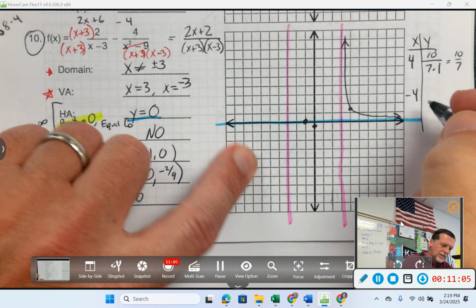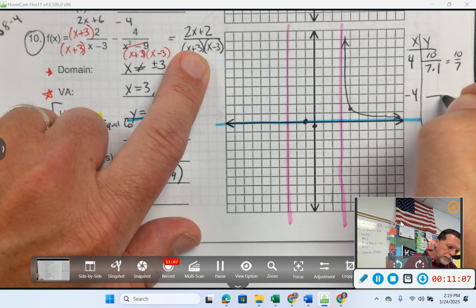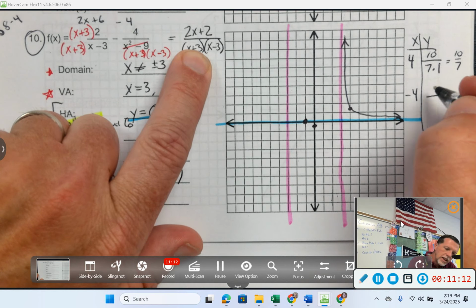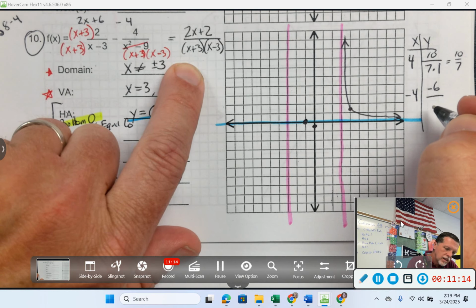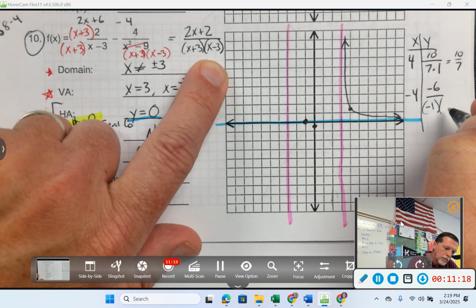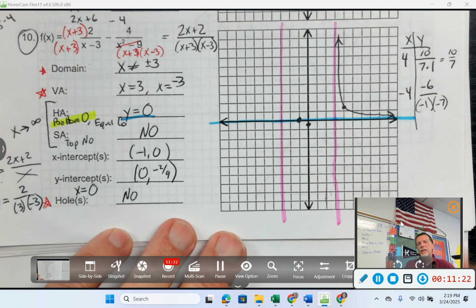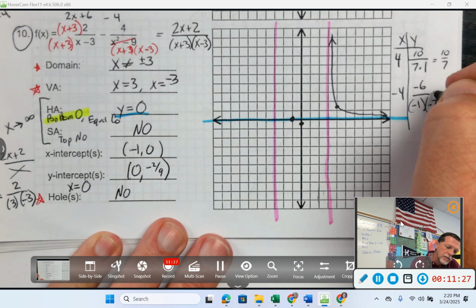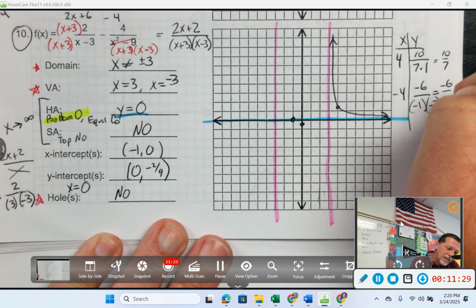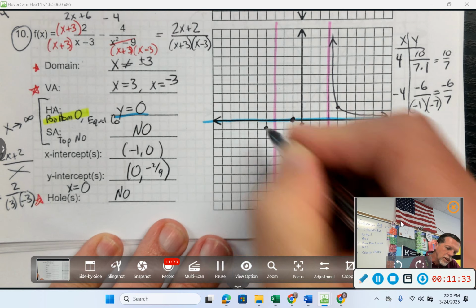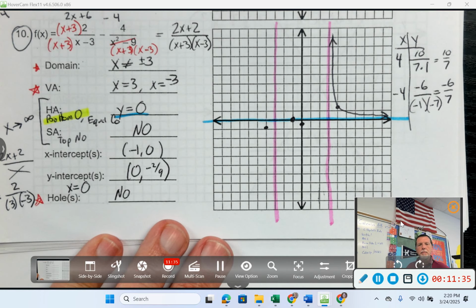So let's see what happens if we plug in -4. -8 plus 2 is -6. -4 plus 3 is -1. -4 minus 3 is -7. So let's see, 2 negatives make a positive, but 3 negatives make a negative. So -6/7 is below, like you guys said it was.